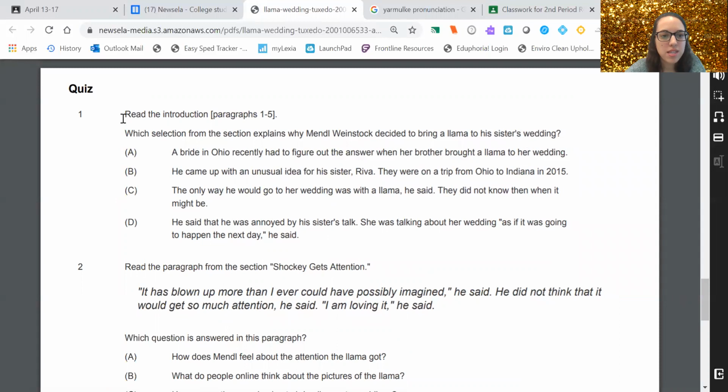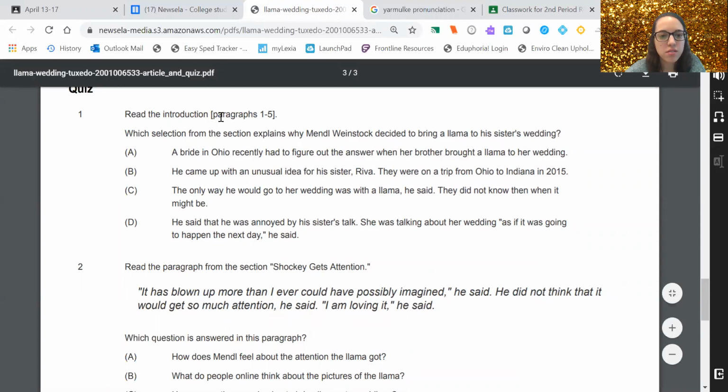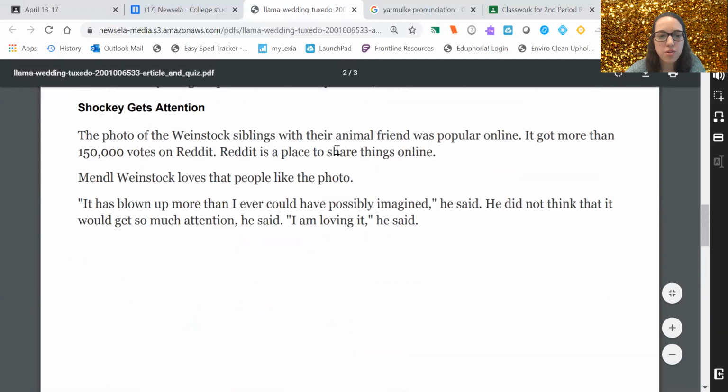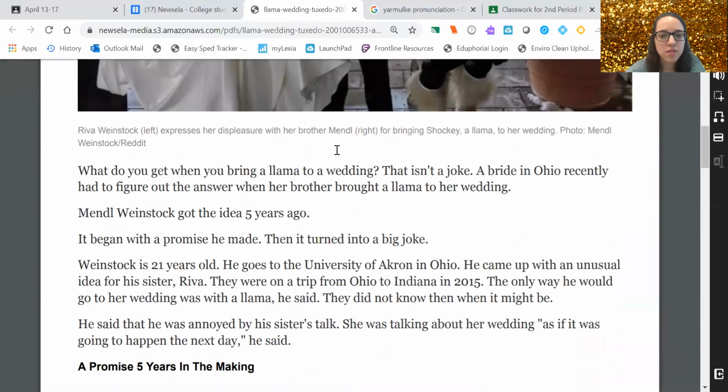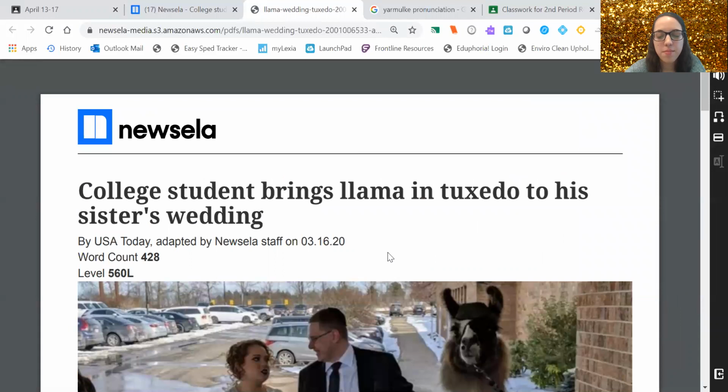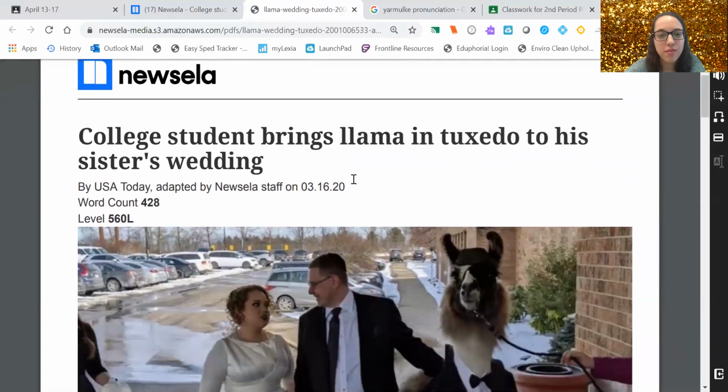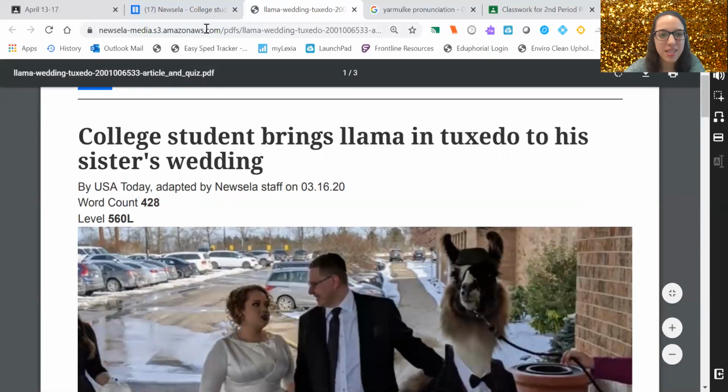So the first one says to read the introduction. Okay, that's paragraphs 1 through 5. So you'll always go back into the passage. And by the way, I completely forgot to mention this at the beginning, I want you to annotate as you're reading, to take notes.